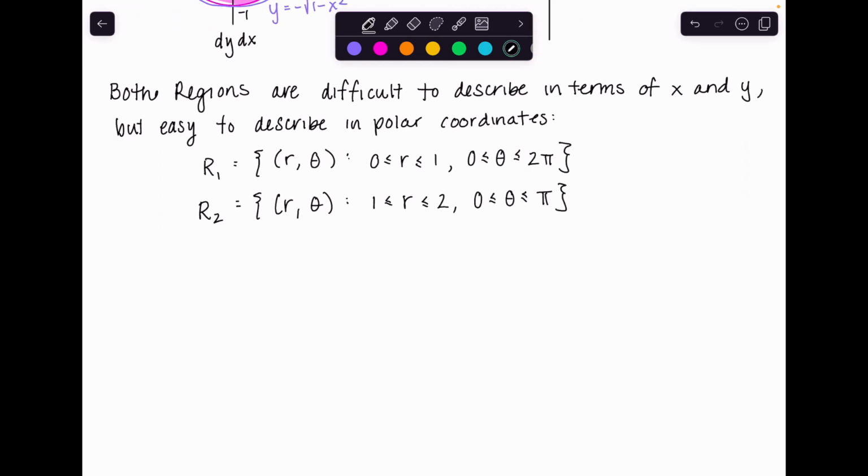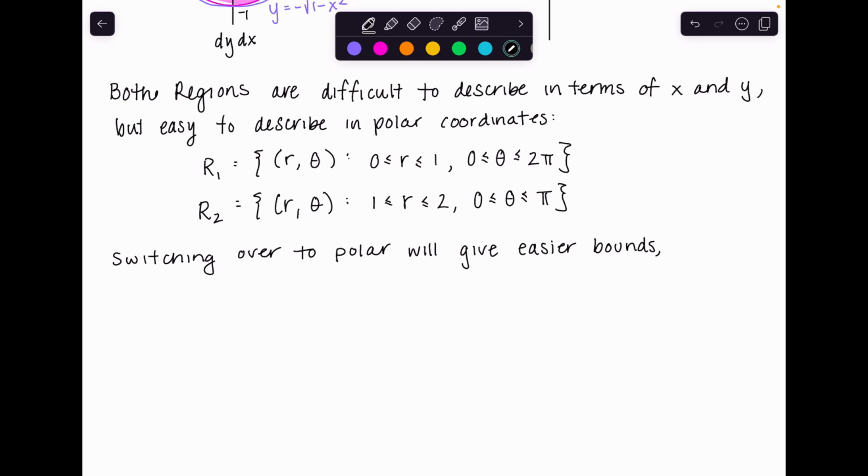Okay? So switching over to polar will give us easier bounds. But that's not the only thing that has to switch. Think of when you make a u sub, you've got to switch the inside component and you have to switch over that dx when we're in just calculus 1.